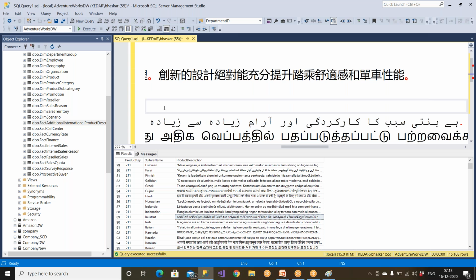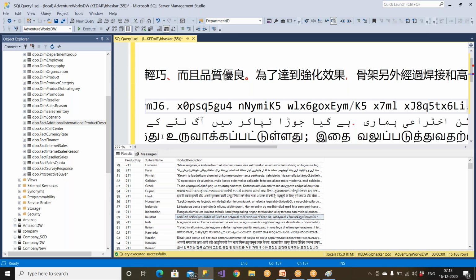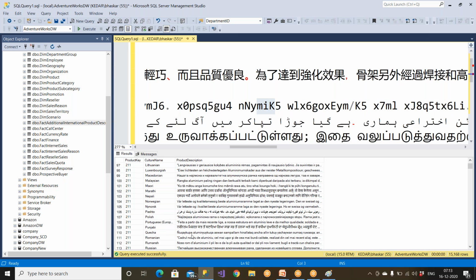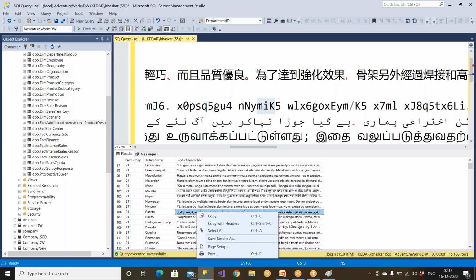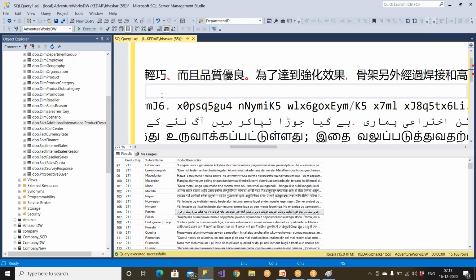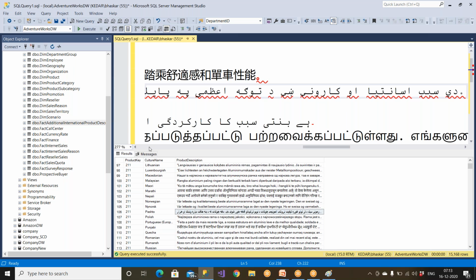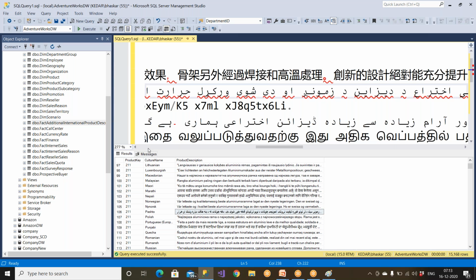Now you see, read this. It looks like English only. This is, I don't know, Irish, and a lot of languages are available. This is Pashto, looks like Urdu only. All these languages are going to be supported by Microsoft. You can store any language data as it is today without conversion. That's the beauty of this.